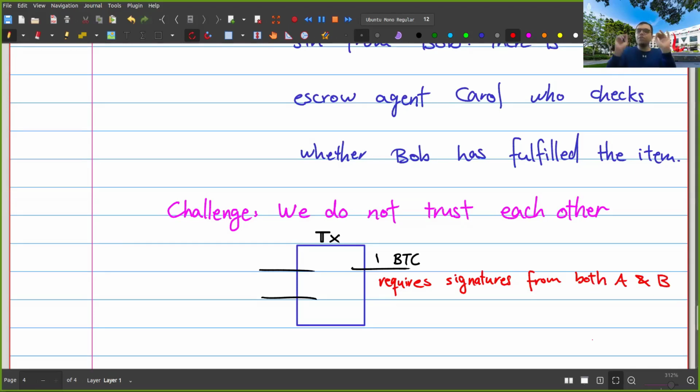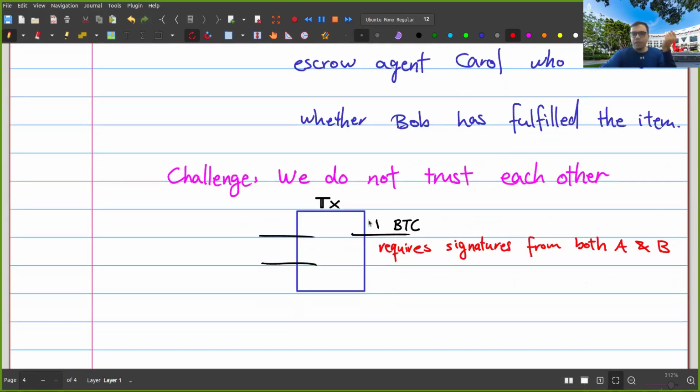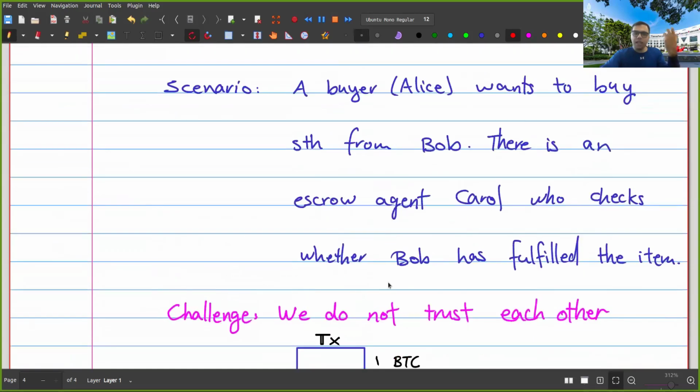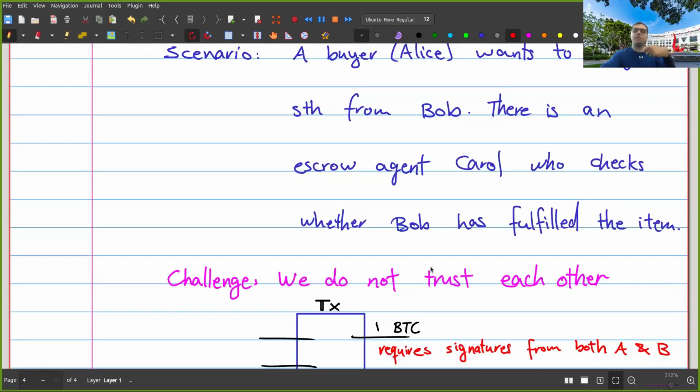Now, if I just do this, if I don't involve Carol at all, this is already a nice contract. It's kind of enforceable in the sense that if Alice and Bob do not agree, this money is basically burnt. So the only case where this money can be spent is if Alice and Bob agree on the transaction that spends this money, which is equivalent to saying they agree that the item was fulfilled, or they agree that the item was not fulfilled.